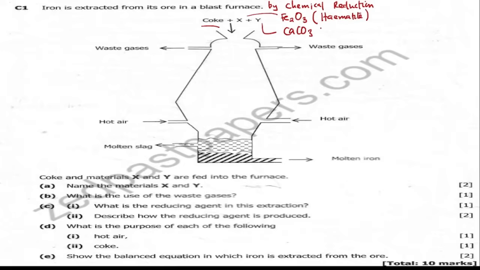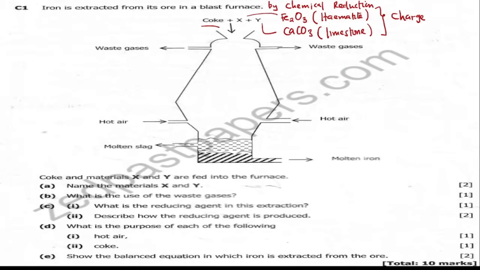Okay, then we also have the limestone. These, together with the coke, are being fed in the blast furnace in the extraction of iron. Now, these three raw materials are the ones that we describe as charge.